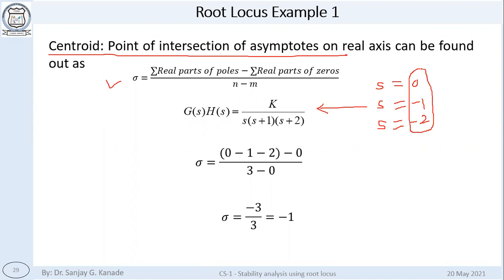There is no imaginary part to any of the poles. So if you take the sum of all these, we get the sum of real parts of poles. As there are no zeros, the sum of real parts of zeros is 0, and divided by n minus m, that is 3 minus 0. So when you calculate it, you get the value of the centroid to be equal to -1.